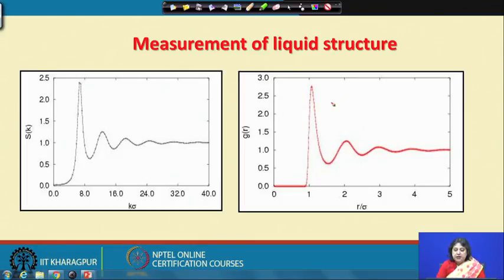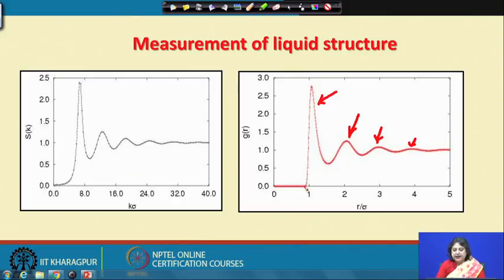And therefore, the peaks that I see here at r approximately equal to sigma, or r approximately equal to 2 sigma or 3 sigma, etc., are the positive deviations from the ideal gas behavior. They say that if I have two atoms at a distance of roughly 1.1 or 1.2 sigma, then their positions are highly correlated.